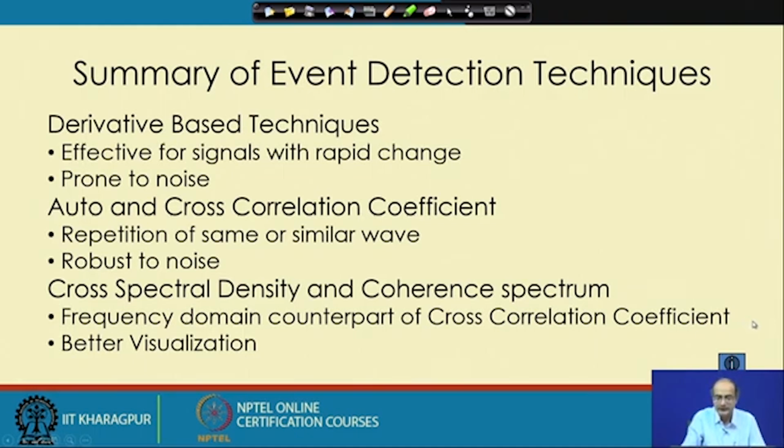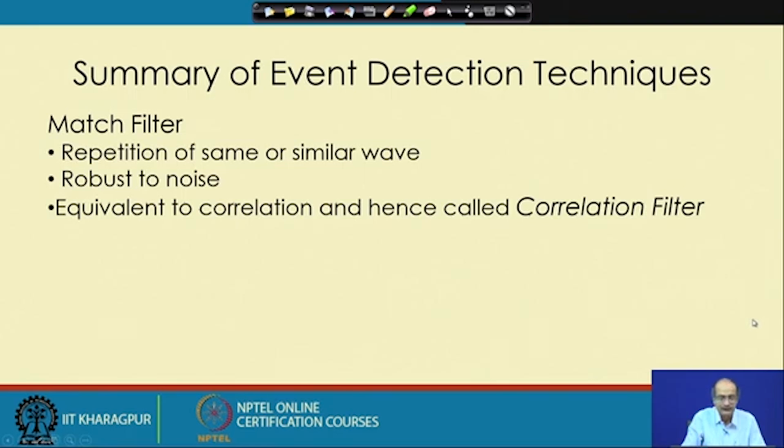Now, let us look at the other technique that we have learned here, that is the match filter. Again, the match filter is based on the philosophy of repetition of the same or a similar wave, and we find that it is robust to noise. Only the first one, the derivative based filter, is prone to noise.